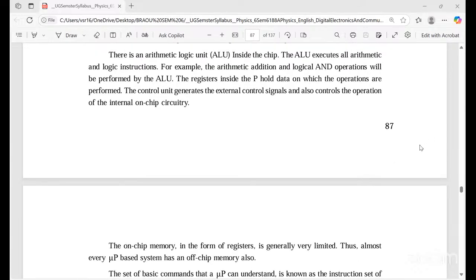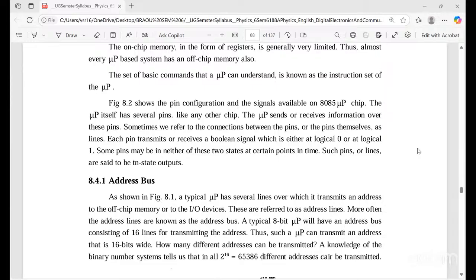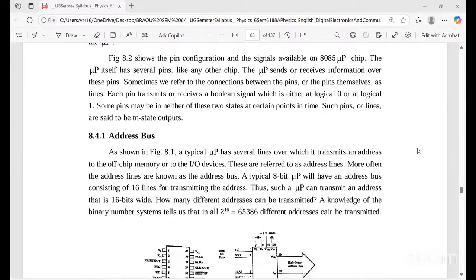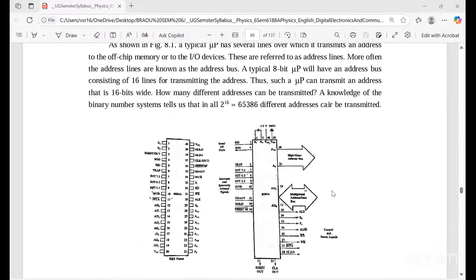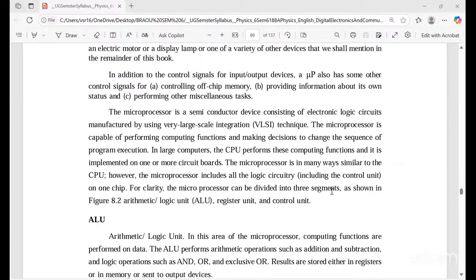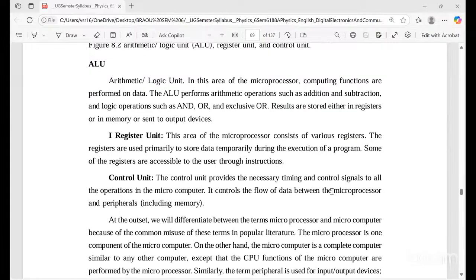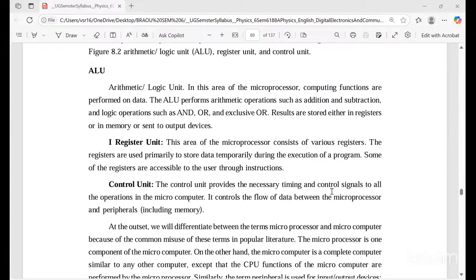So this ALU, last class we have been seeing that. Address buses, data bus, control bus are there. ALU, arithmetic logic unit, is included in the microprocessor, and the performance of this ALU is computing functions on the given data.